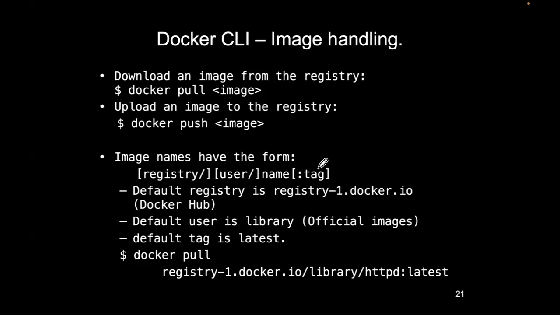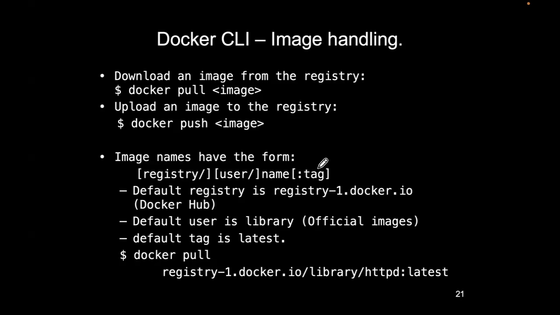Think of tag really as kind of a version number for the image, or some way of distinguishing one version of the image from another, because there may be multiple versions of an image available up in Docker Hub.